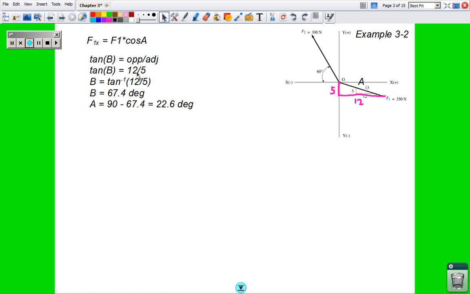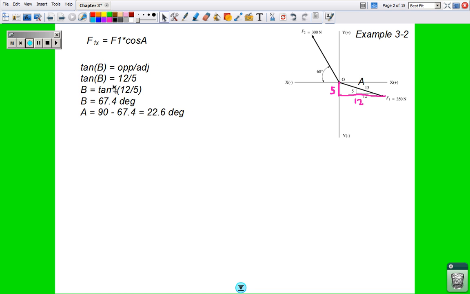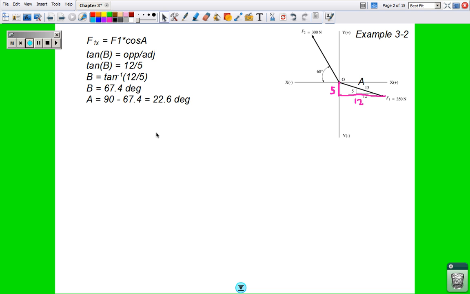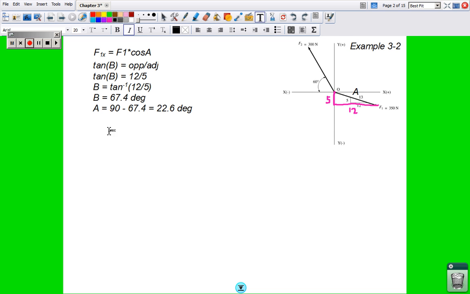Alright, so now we can go back and get F1x. Alright? So F1x is equal to 350 newtons times the cosine of 22.6 degrees.